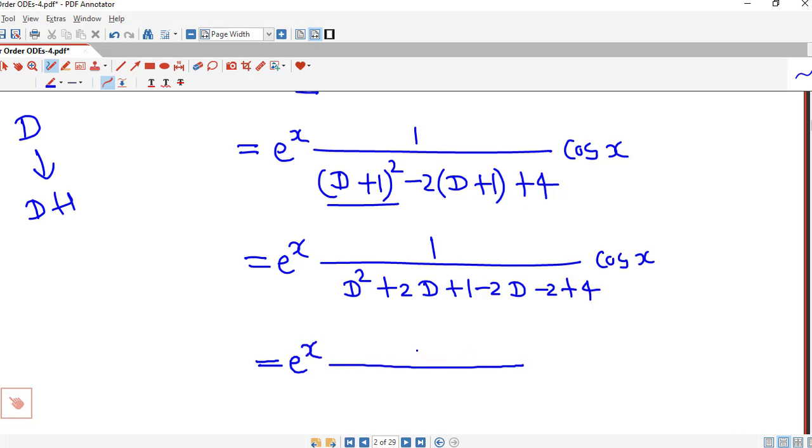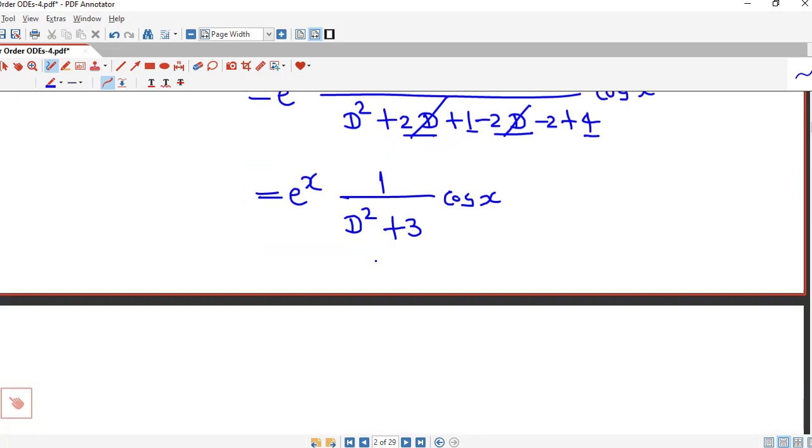This is now D square as it is, 2D will cancel out, and here 1 plus 4, that is 5, minus 2, which is 3. So this we can rewrite as 1 over D square plus 3 cos x. Okay, let me check again. 2D will cancel out, 4 plus 1, 5 minus 2, 3, and this D square.